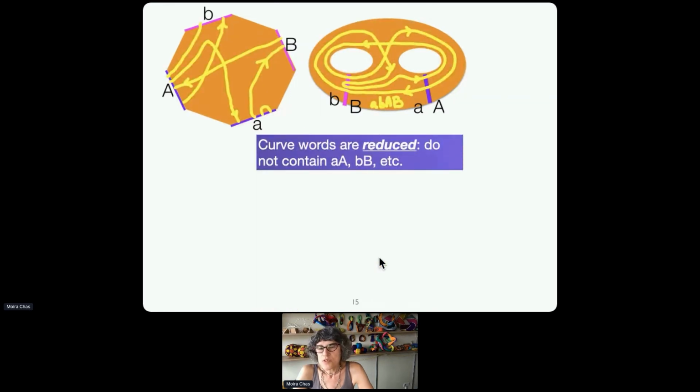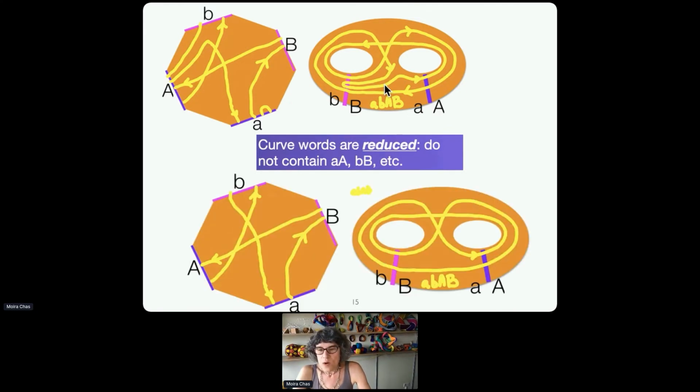So we have these two objects, curve words and surface words. And one more thing for the setting is that curve words have to be reduced, meaning that they don't contain a lowercase and an uppercase together. For instance, the curve that I had before, I could have drawn it with a little tongue coming and going back, but I always make my curves tight so they don't do that, because what I want is one class, one curve.